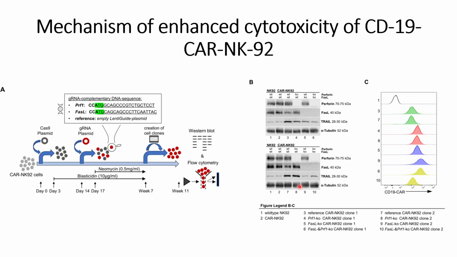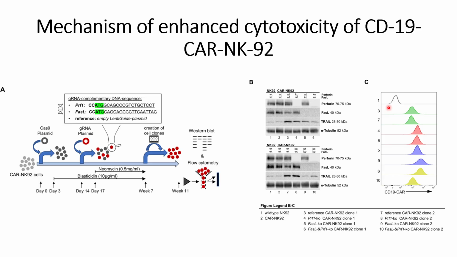So once confirming the knockout of these proteins, they then checked the CD19 expressions to confirm that knockout of these proteins does not affect the CD19 expressions, and for that they used the different clones.